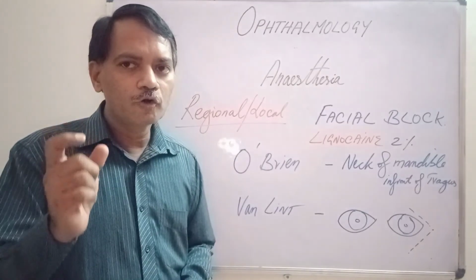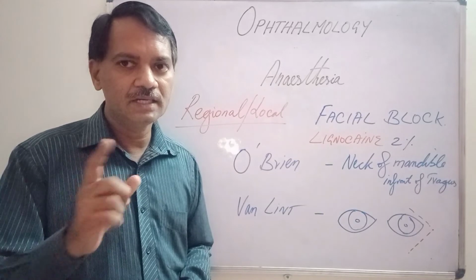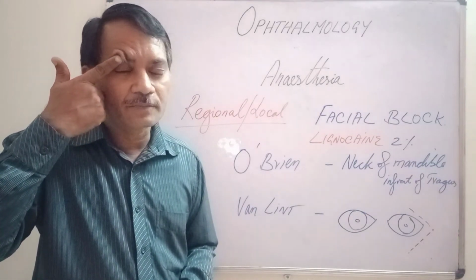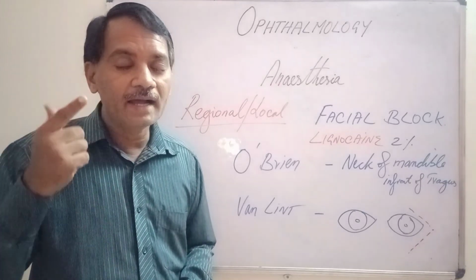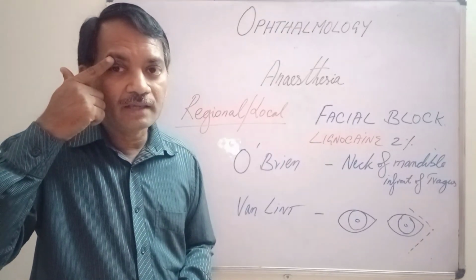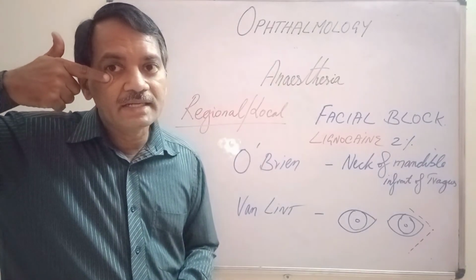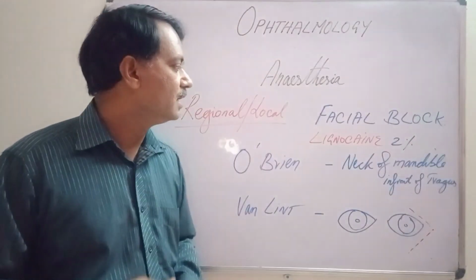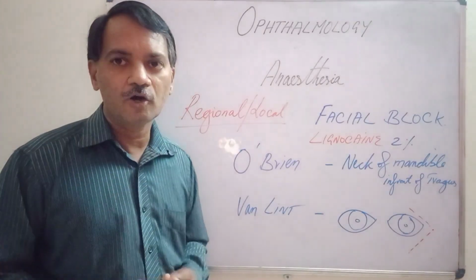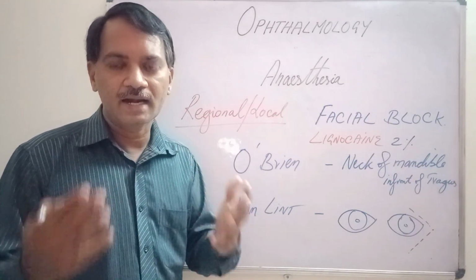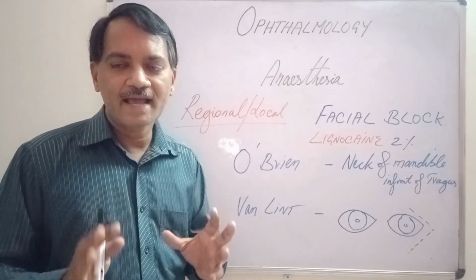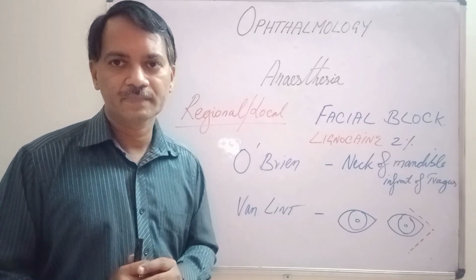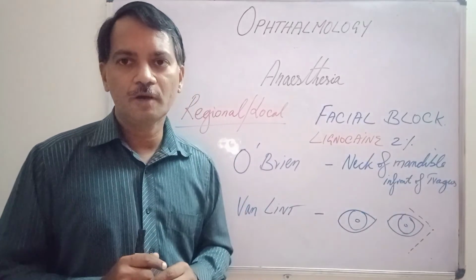We take 4 to 5 ml of 2% lignocaine and we go below the skin subcutaneously above and inject 2.5 ml there, and we change the direction, go below and inject 2.5 ml here, so that the full portion of the orbicularis oculi muscle gets anesthetized, so its action will not cause any problems during the surgery. With this, we will stop here today.